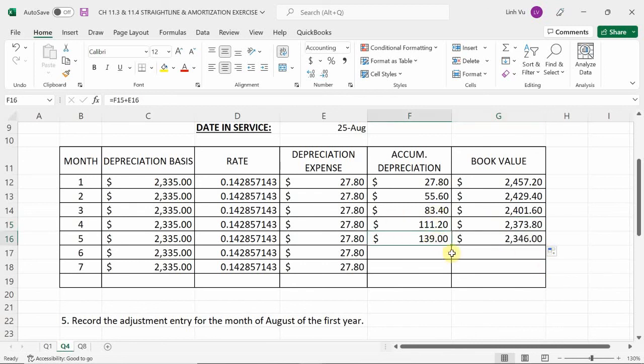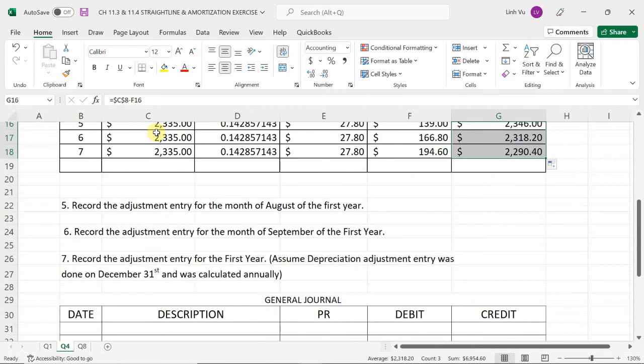And then I'll go ahead and solve for the last 2 for you guys so we can move on to the next problem here. This is because I'm depreciating by the month.